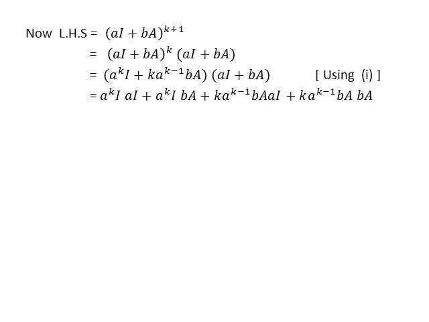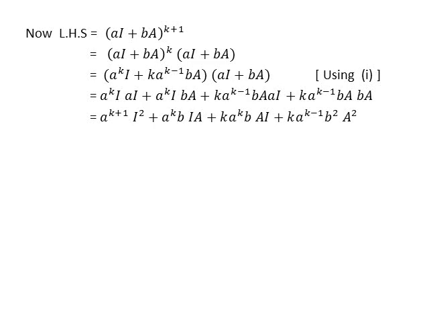We get 4 terms. Simplify these terms, multiply the scalar with scalar and matrix with matrix. We get A^(k+1) I square plus A^k BIA plus k A^k BAI plus k A^(k-1) B square A square.